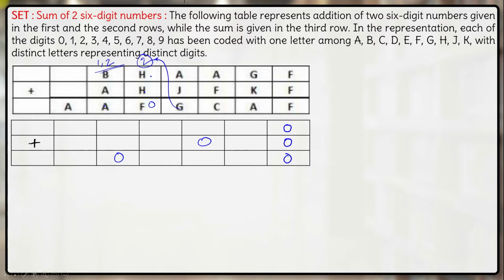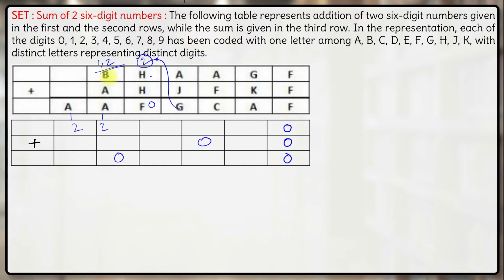Now, what can be the value of A over here? You see, these are two single digit numbers, and the sum of two single digit numbers plus the carry forward is giving us a 2-digit number which has the same digits. So it will be 0 0, again not possible, obviously. This will be either 1 1, 2 2, 3 3, 4 4, and so on. Now again, the sum cannot be 3 3, right?